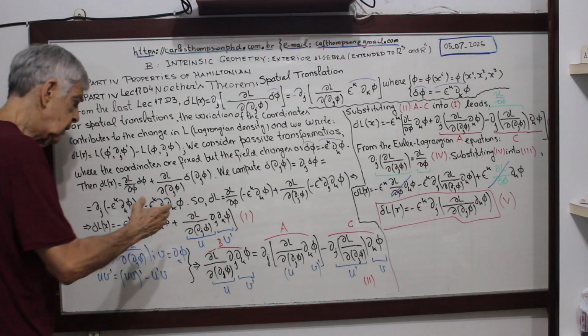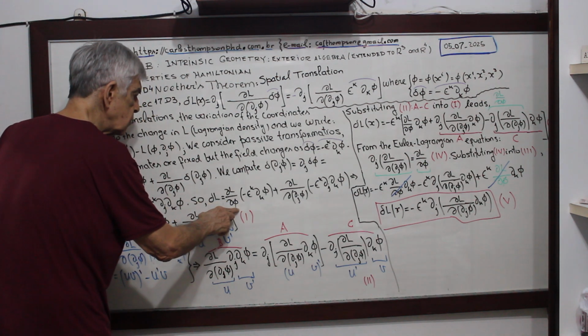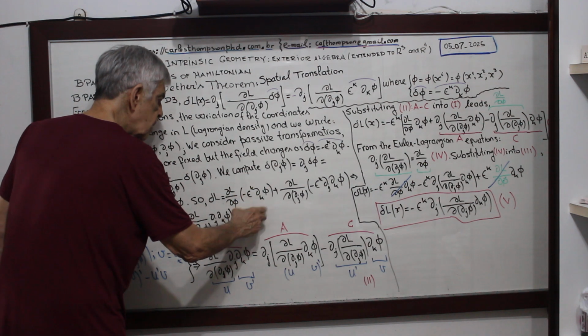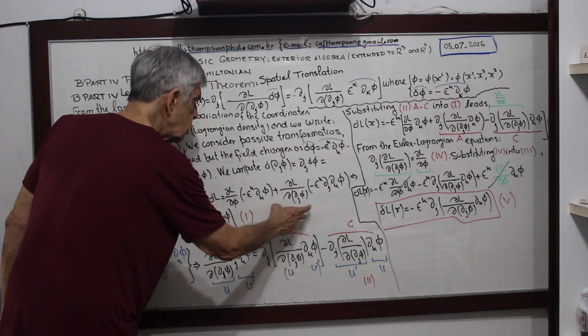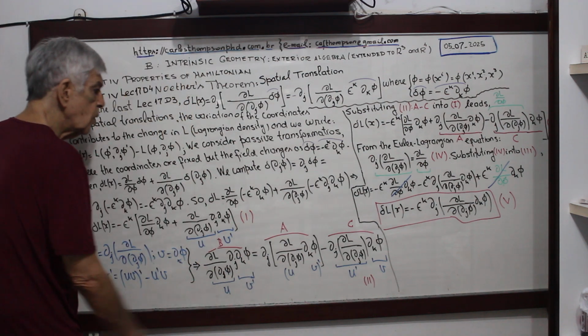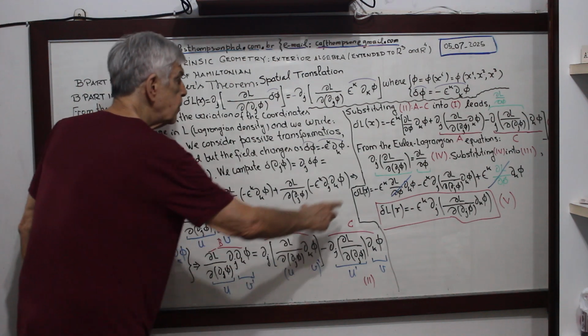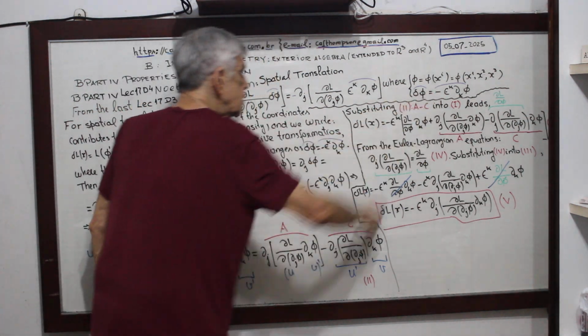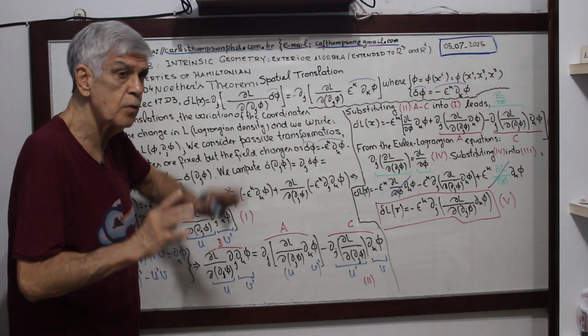In this case, the variation is partial L with respect to phi, minus epsilon k partial k with respect to phi, plus partial L with respect to this one. I just substitute here and here this relation over here, that is the passive transformation.